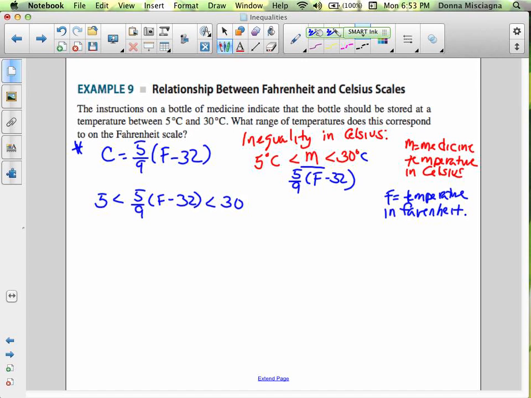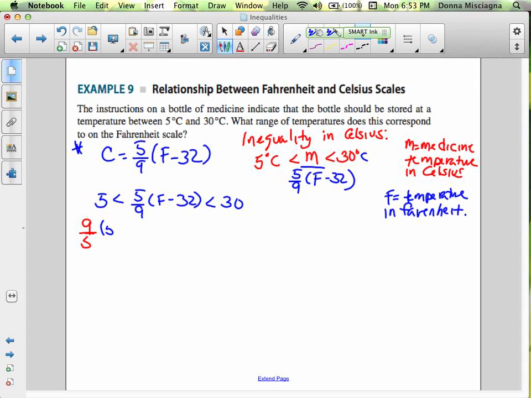All right, so you want to get the F, that's your variable that you're solving for, by itself. You could distribute that 5/9. I think it'd be more useful, though, to get rid of the 5/9. So to get rid of the 5/9, I just need to multiply by the reciprocal. So that means I need to multiply all three terms by 9/5.